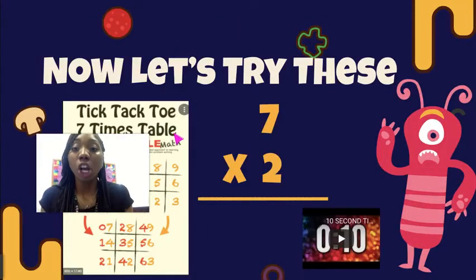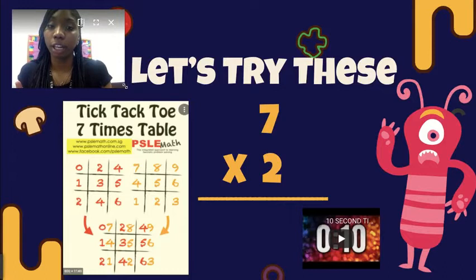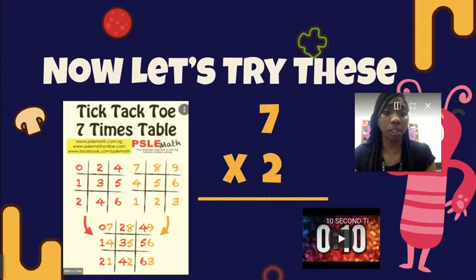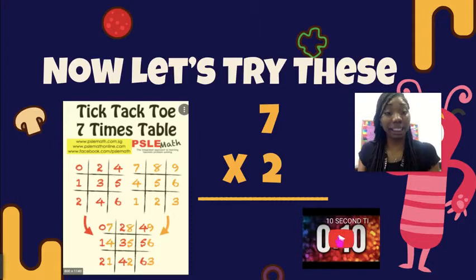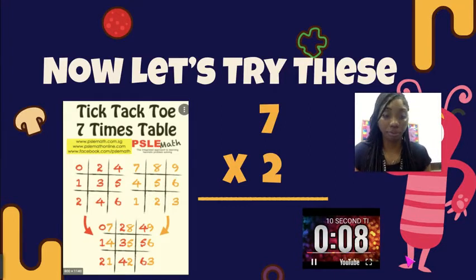Okay. So let's try the first one. I'm just going to move myself over, make myself a little smaller. So let's try the first one. What is 7 times 2? Miss Dennis will give you 10 seconds, okay? Ready? Go. What is 7 times 2?